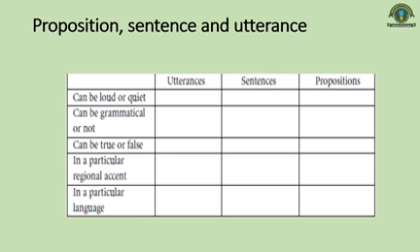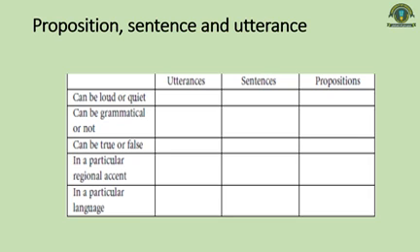So, I'll discuss different terms in such a way that anything that can be said of propositions can also be said of utterances, but not necessarily vice versa. And anything that can be said of a sentence can also be said of an utterance, but not necessarily vice versa.